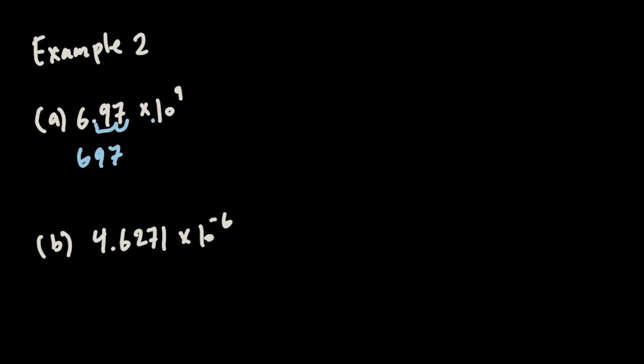And then here we have 10 to the power 9, but I have already used 2 decimal places. So here we will have 10 to the power 7. And we can just write this as 697 and 7 zeros.